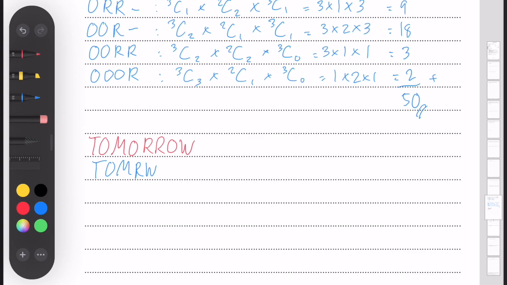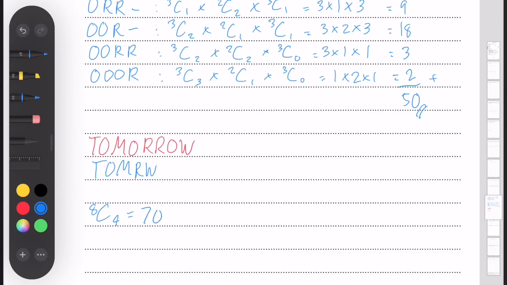So all O's, let's assume all the different O's are different letters, although they are still O's. So in this case, we have 8 because there are 8 letters in the word tomorrow, and we choose 4, which would equate to, let me just calculate that. That would equate to 70.